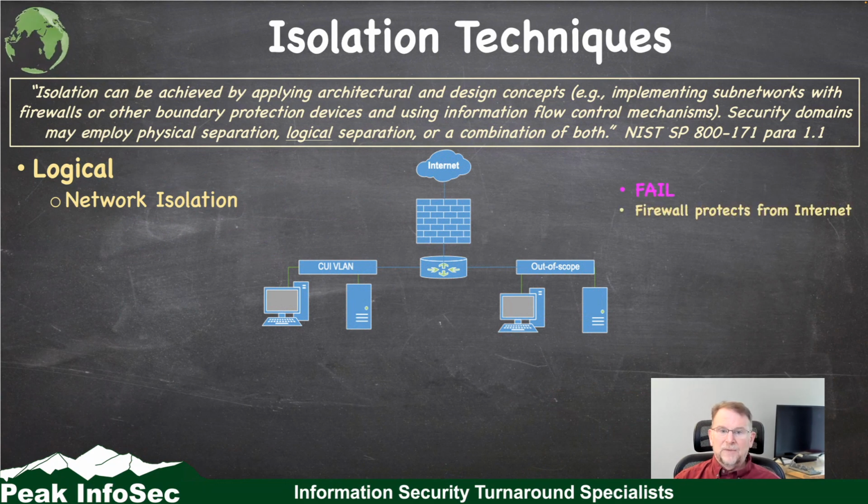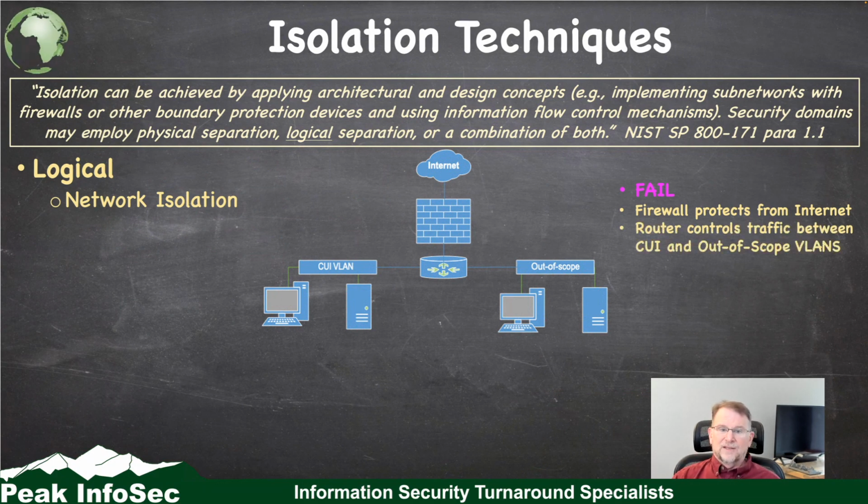Why? Because fundamentally, the firewall is protecting and monitoring communications from the internet. You've designated internally an internal boundary between those two scopes, but you have no protection controls in the middle. Yes, you can set a router up to restrict communications. That's control, not protect.